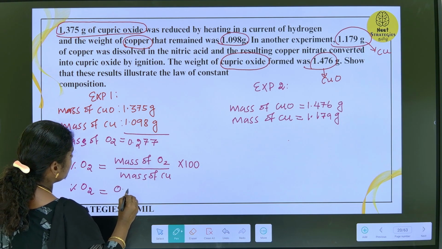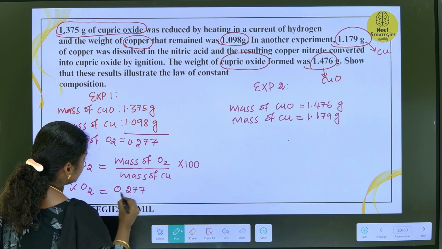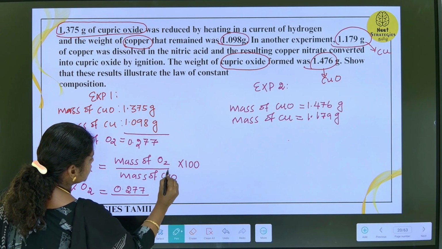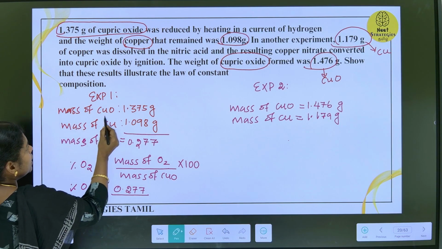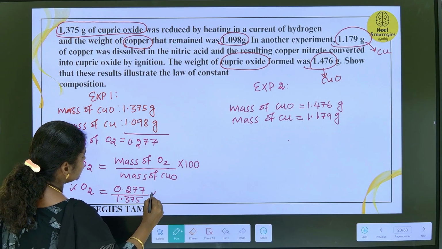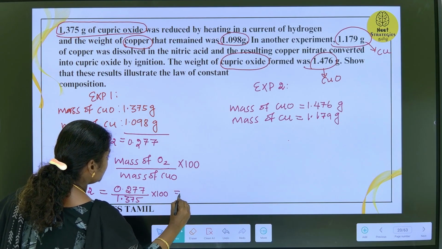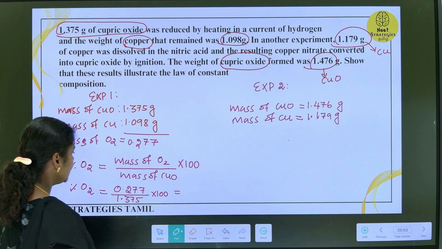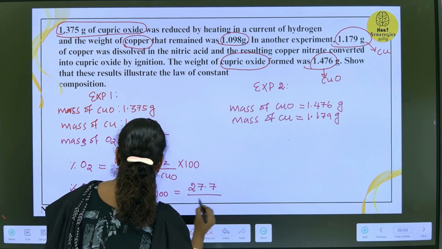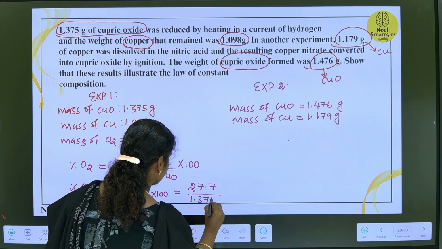அப்ப percentage of oxygen become equal to mass of oxygen எவ்வளவு கொடுத்திருக்காங்க? 0.277 upon mass of copper oxide, 1.375 into 100, ஓகேங்களா. So நம்மளோட கன்வீனியன்ட்காக இத சிம்பிளிஃபை பண்ணிக்கலாம். It is 27.7 upon 1.375, ஓகேங்களா.